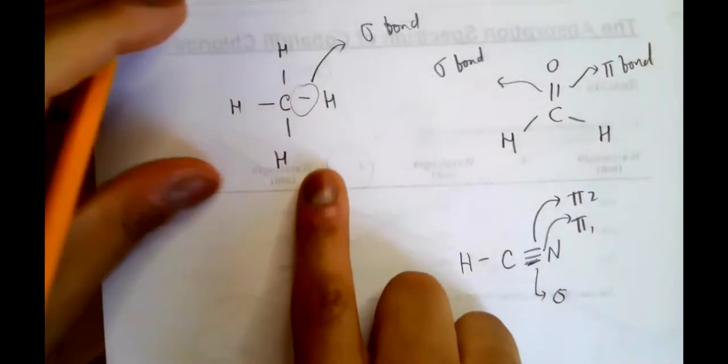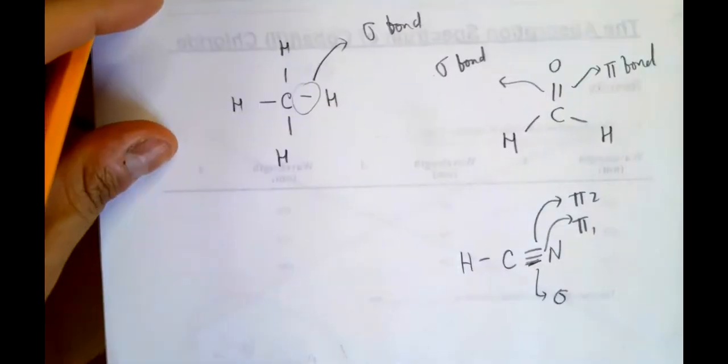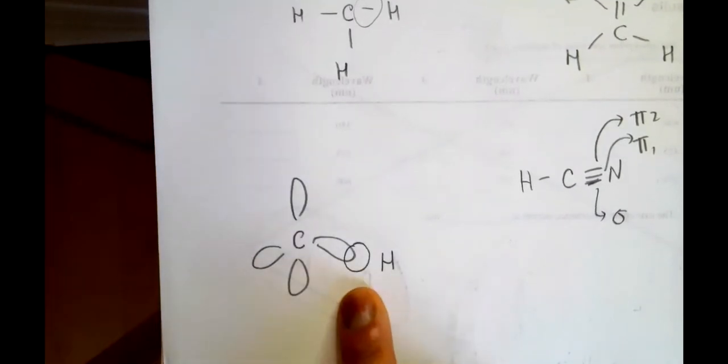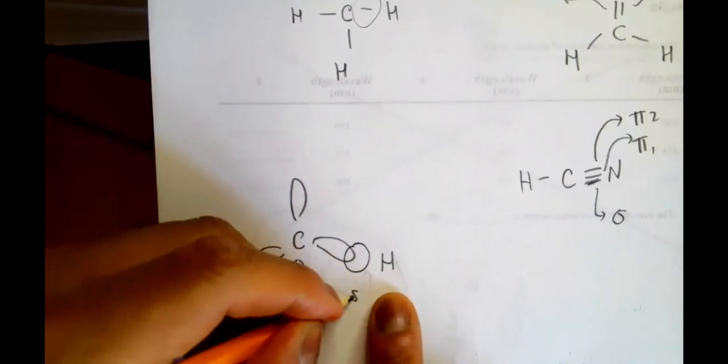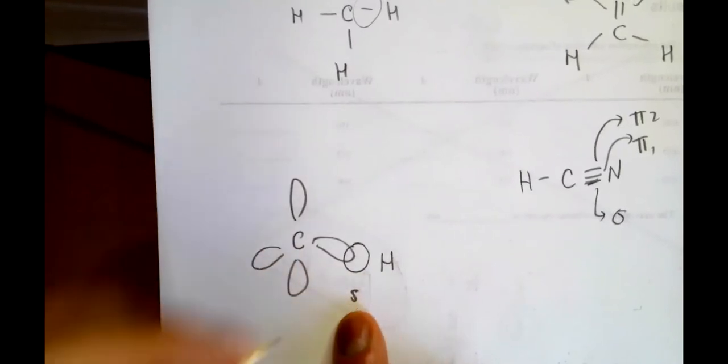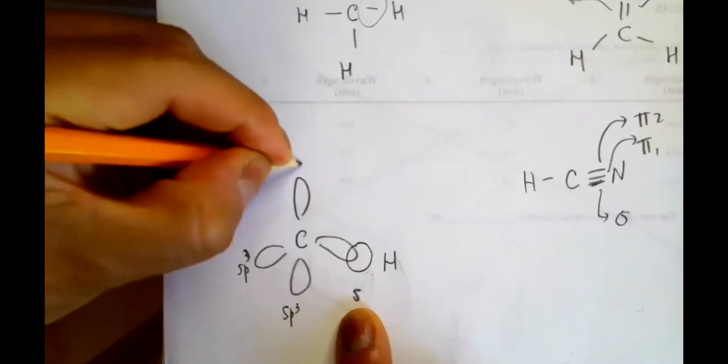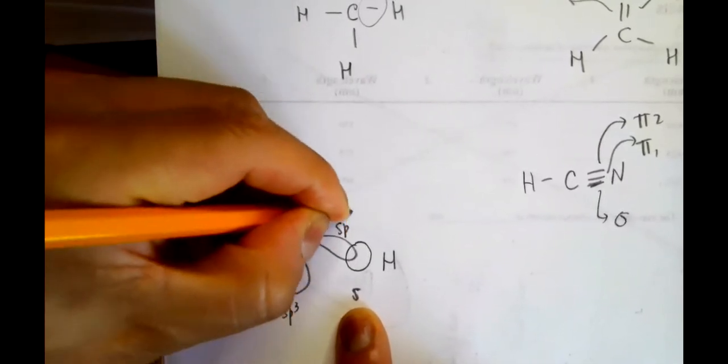So what is the difference between a sigma and a pi bond? I think it's a good time for the sigma. Let's say that you have the sp3 hybridization. Okay? So these are my 4 sp3 hybrids, and they form a covalent bond with hydrogen. Hydrogen is an s orbital, and each of these is an sp3.